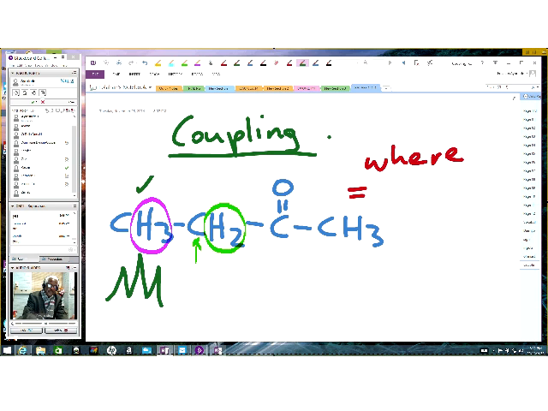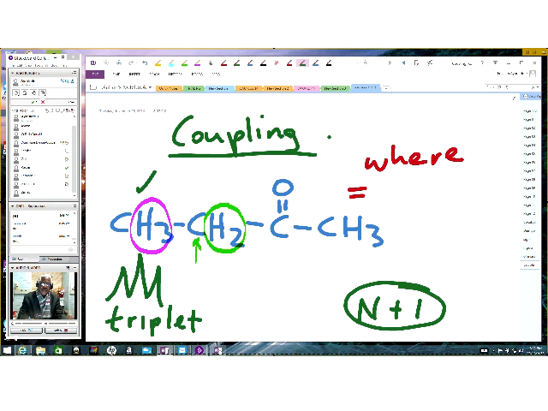We call this a triplet. It is split into a triplet because they only see two hydrogens next to them. Keep in mind the N+1 rule: N is the number of hydrogens that a given set of hydrogens will see.